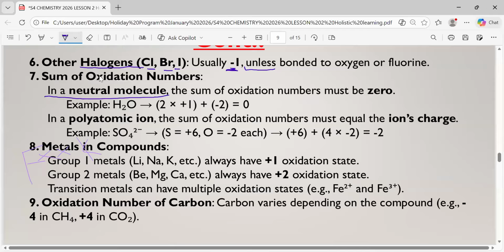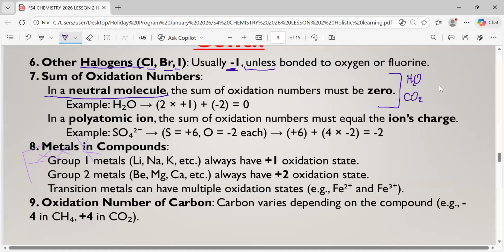Okay. So they're saying that in any neutral molecule, which means a molecule having more than 1 atom, if you look at this, they have given us an example of water. We can have another neutral molecule like carbon dioxide.